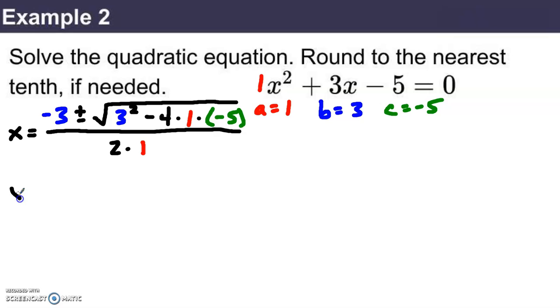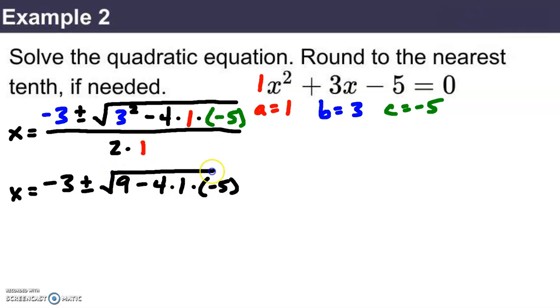To simplify, x is negative 3 plus or minus the square root of, let's see, 3 squared is 9, minus 4 times 1 times negative 5, all over, and the denominator is 2. 2 times 1 is 2.